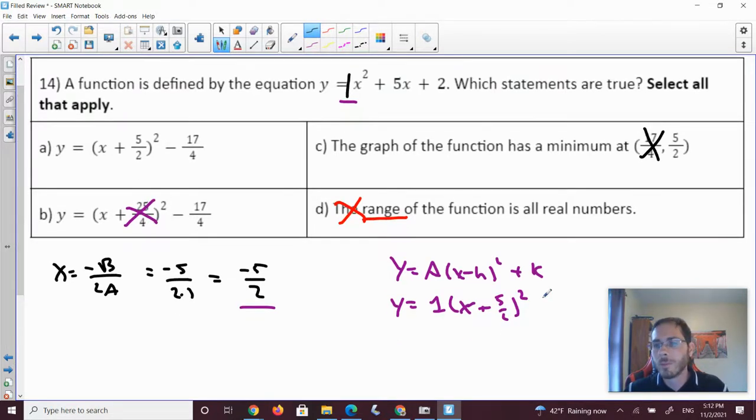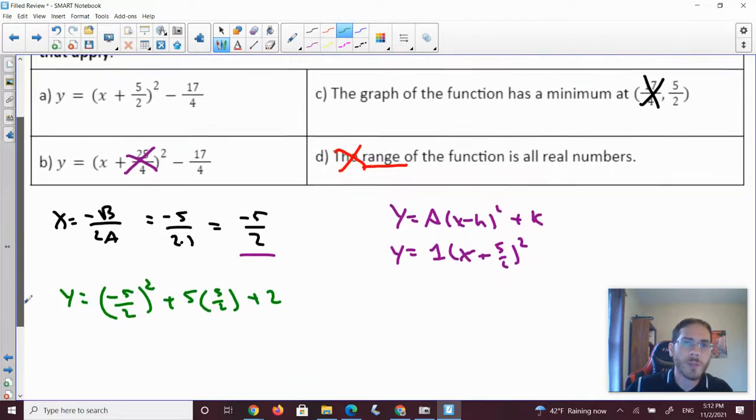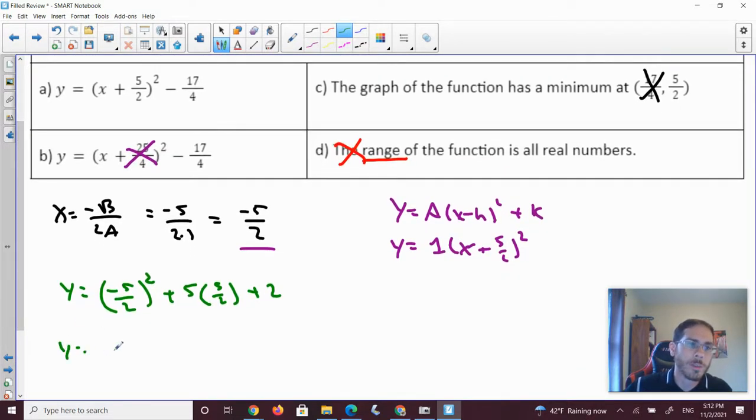But anyway, we're almost done with the problem. We do have to plug negative 5 halves back into the original equation, though. So we get y equals negative 5 halves squared plus 5 times 5 halves plus 2. All right, this is going to be a little bit of work. 25 over 4 plus 25 over 2 plus 2.